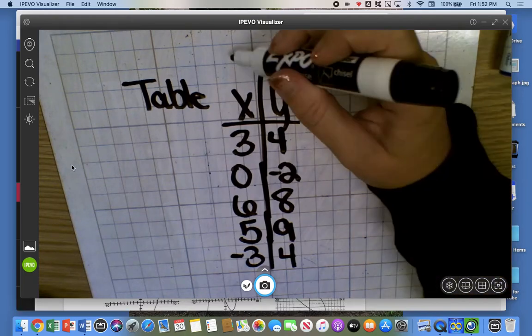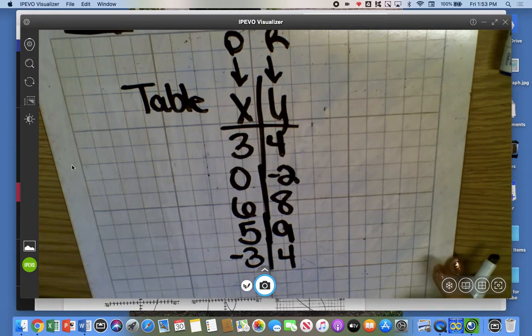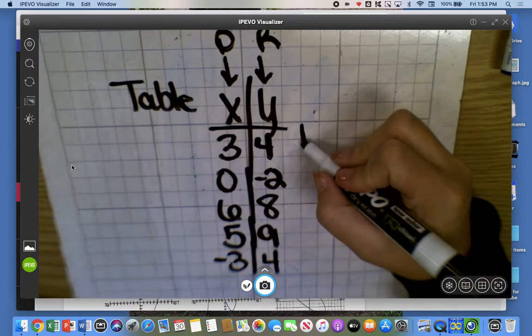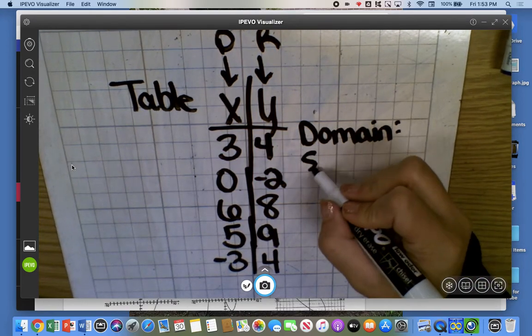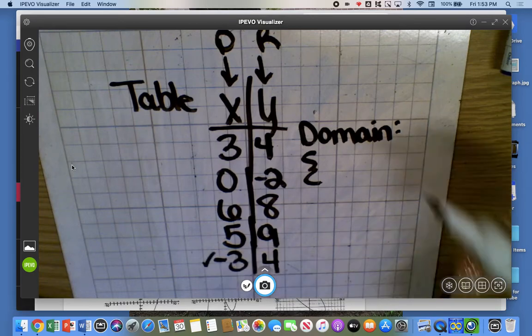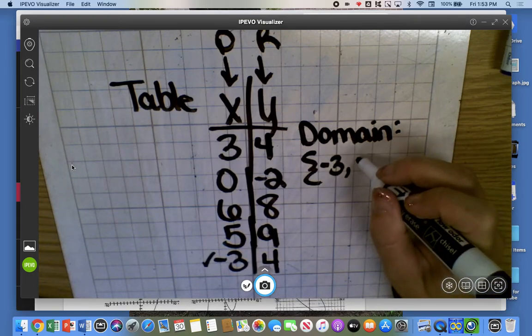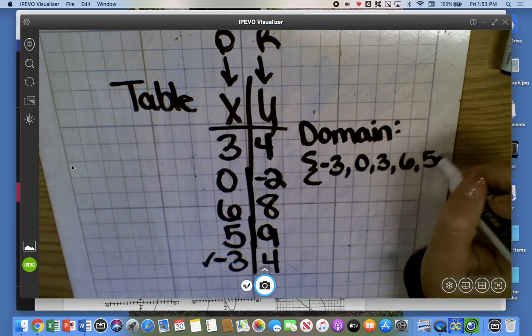All right, so this here is going to talk about our domain, and this one's going to talk about our range. So let's make this look really nice. All right, so for our domain, we're going to write it as a set. The smallest number I see is -3, then 0, 3, 6, and 5.